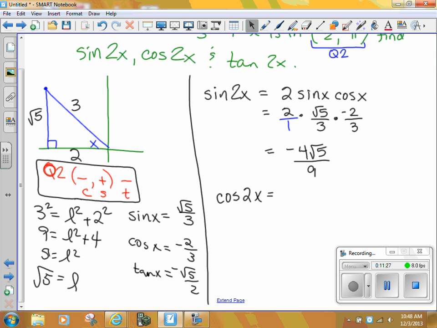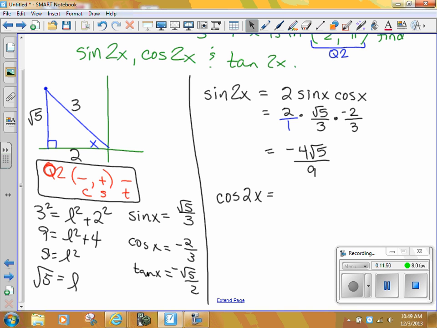Which formula do you think you're going to use on the cosine? Use whichever one you feel like. You have sine of x, don't you? Yes. Do you have cosine of x? Yes. We have tangent. You use whichever formula you want to for cosine. I want you to do that one right now.